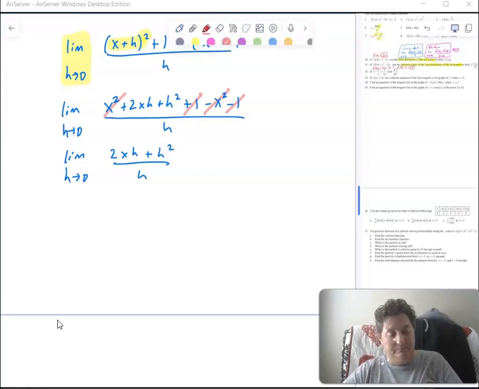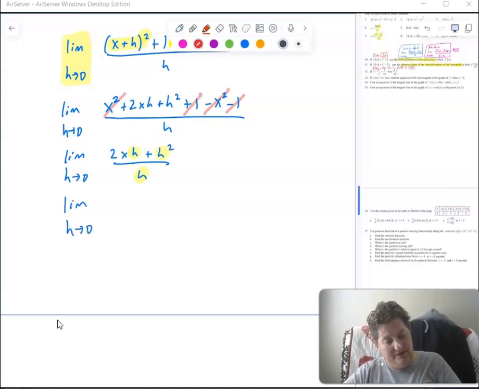Now, at this point, you have one of two choices. You can either factor an h out of the top, or, if it makes sense to you, you can go ahead and cancel. Now, if I cancel an h out of everything, I'm going to end up with 2x plus h.